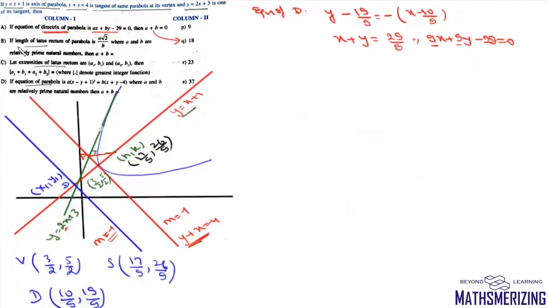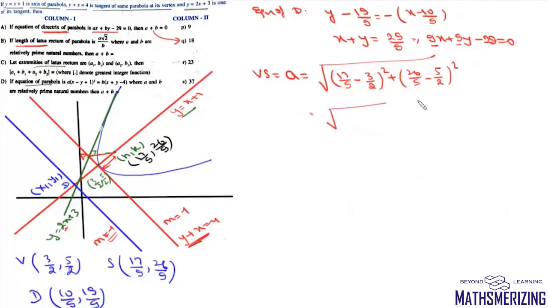Now for the second one, we need to find the length of the latus rectum. We know that the distance between the vertex and focus is equal to a. So we'll find this distance VS, which is a, and it is the square root of (17/9 minus 3/2) whole square plus (26/9 minus 5/2) whole square.